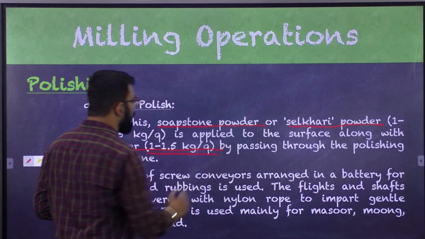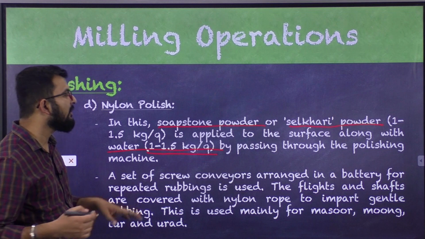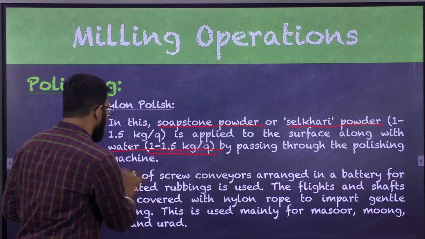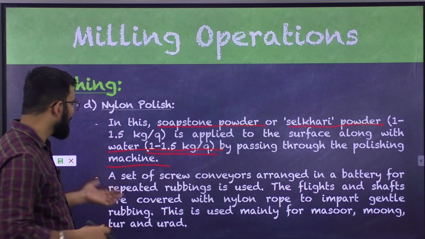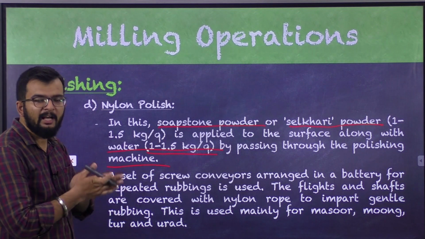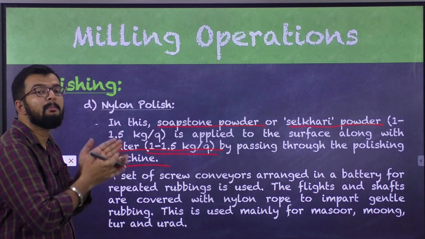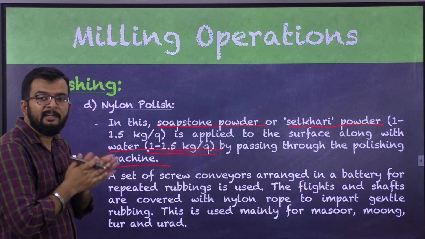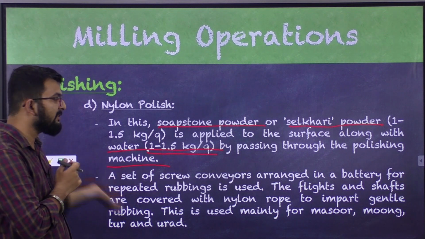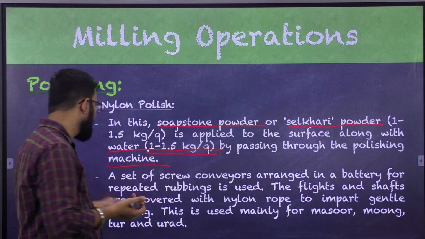Water is around 1 to 1.5 kg, equal amounts, passed through the polishing machine. This soapstone powder or salkhari powder has a mild abrasive property, which in turn will polish the surface of the pulses, giving it a luster or gloss.